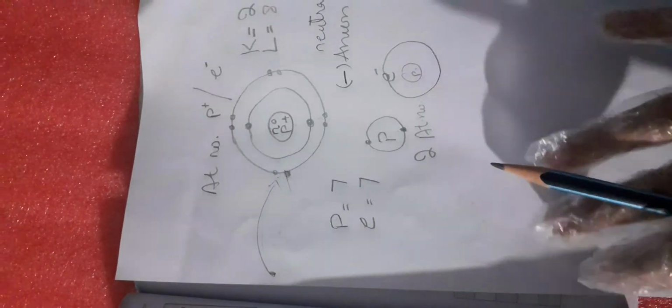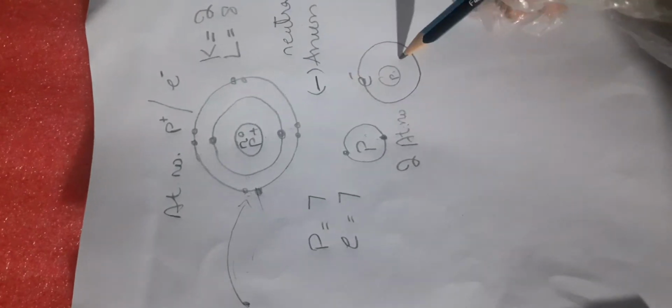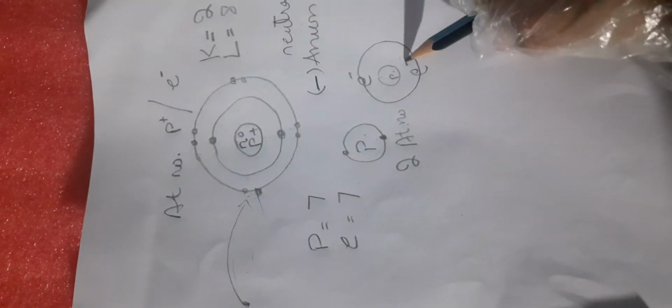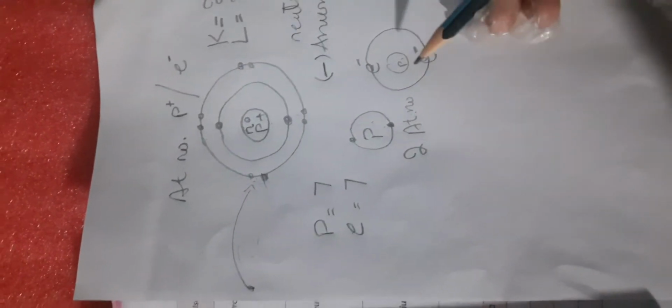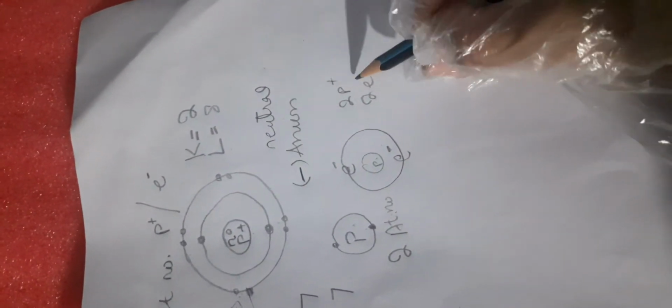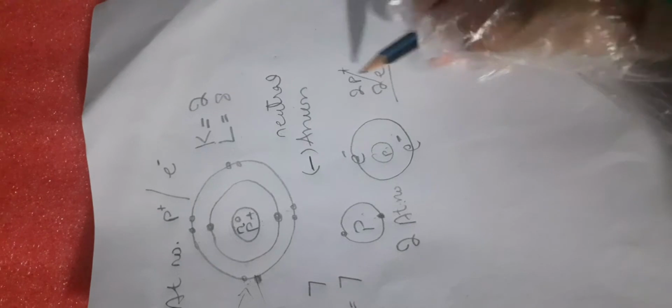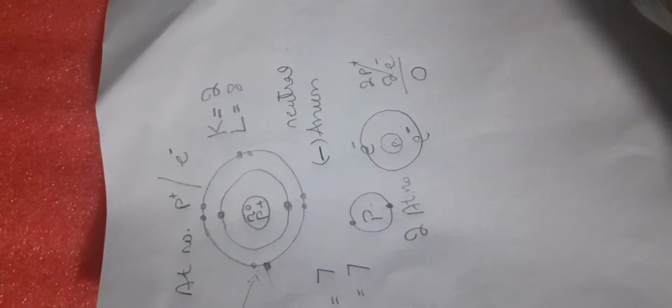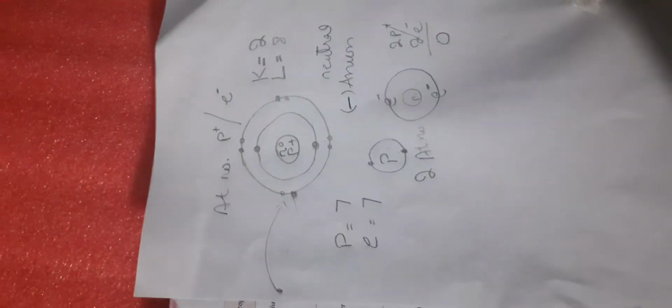Right? Alright, and obviously if there are 2 protons, the neutral atom will have how many electrons? 2 electrons, and that is why it is neutral, that there are 2 protons, 2 electrons. Positive and negative charges will cancel each other, and as a result we will have 0 charge, so your atom will be neutral.